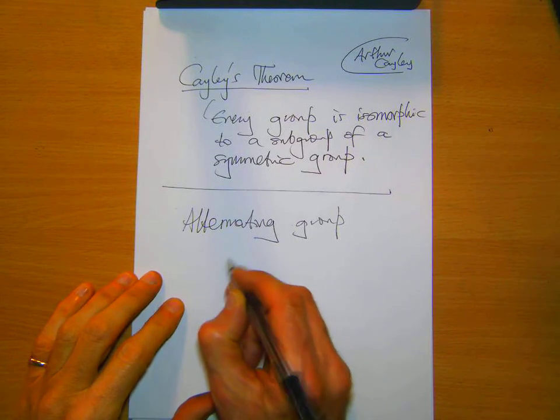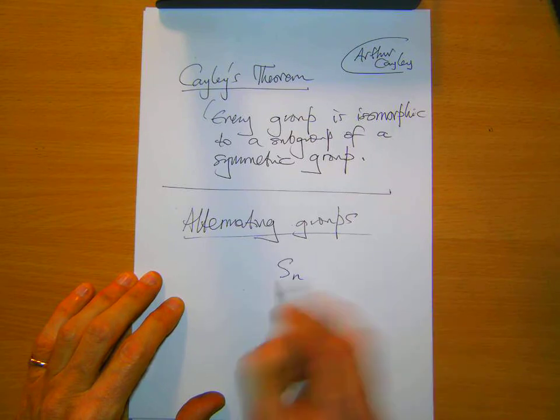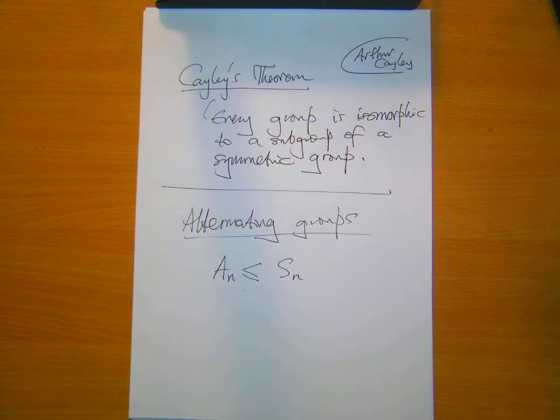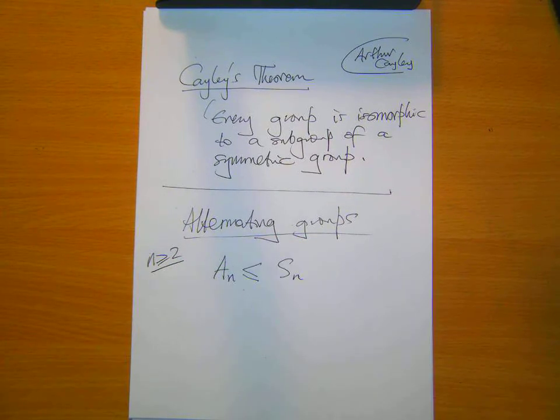So the alternating group, well, it's actually a whole sequence of them. Each Sn has a special subgroup called the alternating group. Usually this is for n bigger than or equal to 2. Well, it is for n bigger than or equal to 2.